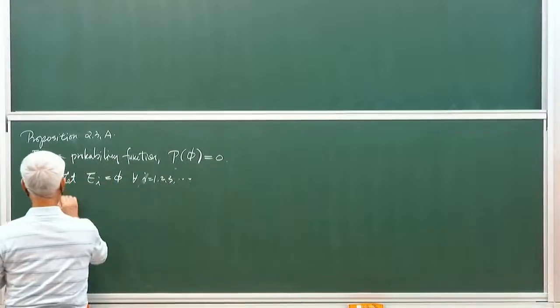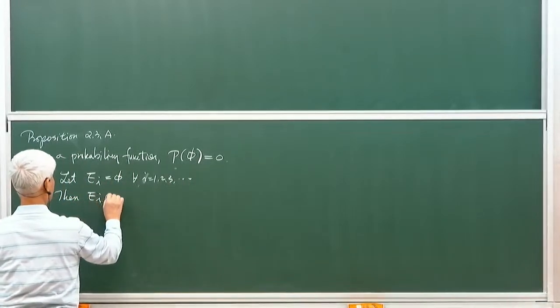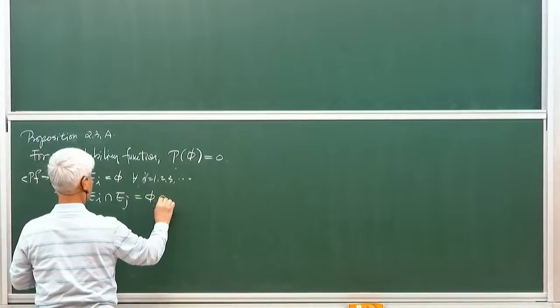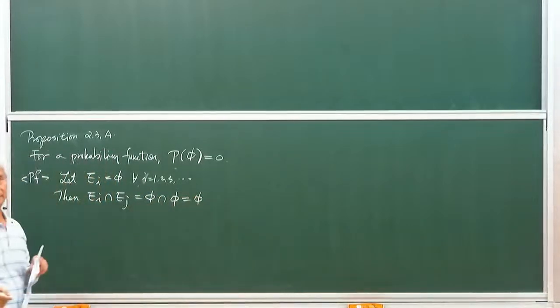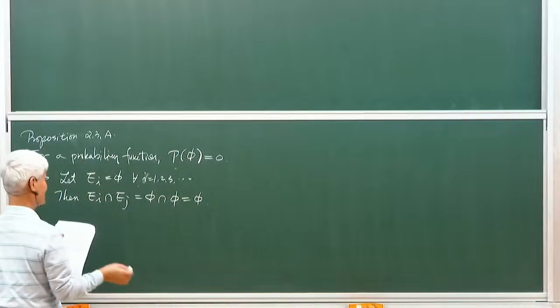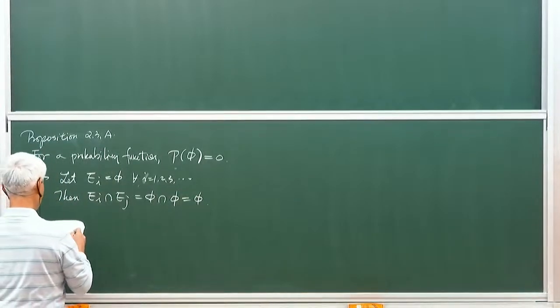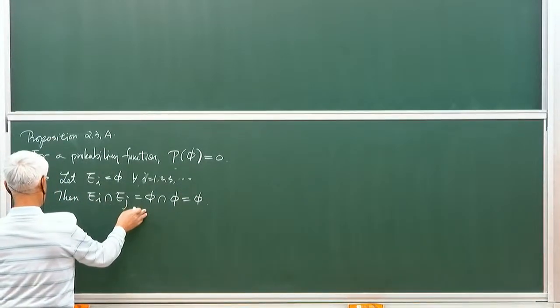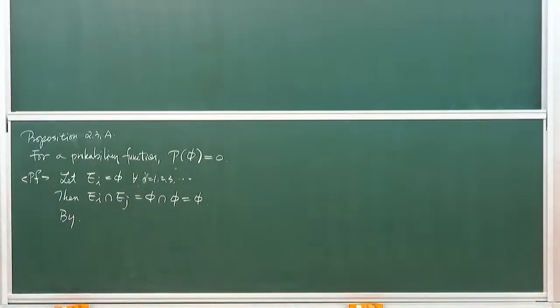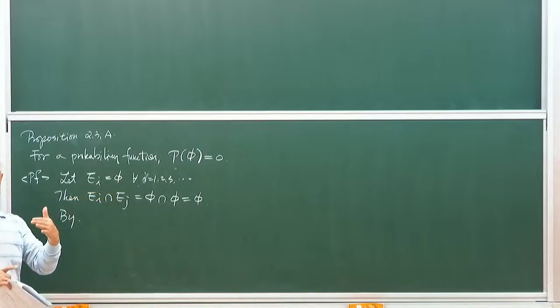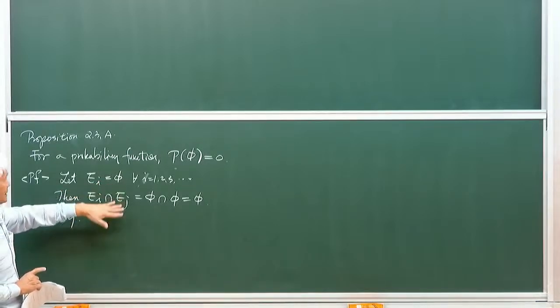Of course, their intersections must be the empty set, so they are mutually exclusive. Now we can apply axiom number 3, because this is a constructed sequence of mutually exclusive events.